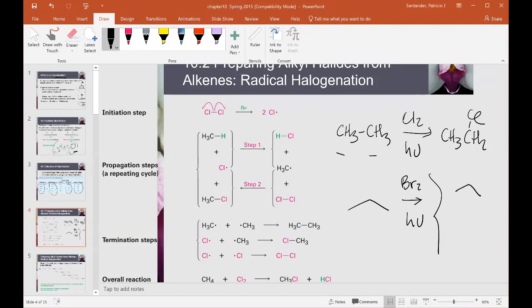Because I can put my bromine on the first carbon atom, or I can put the bromine on the carbon atom in the middle. So I can get 1-bromopropane, or I can get 2-bromopropane. So which one of those will form in higher proportion? That is going to be the matter of discussion in the next few slides.